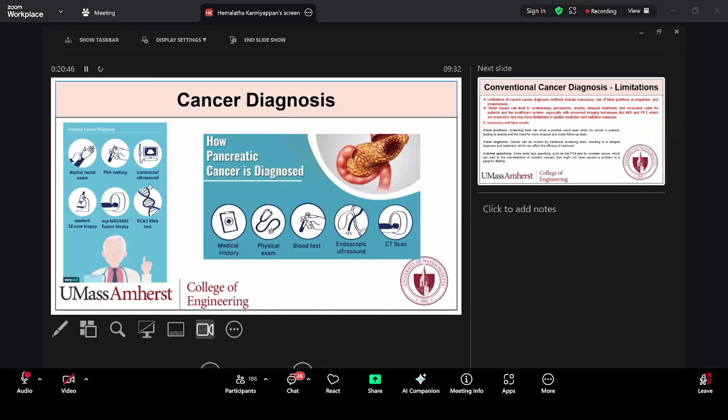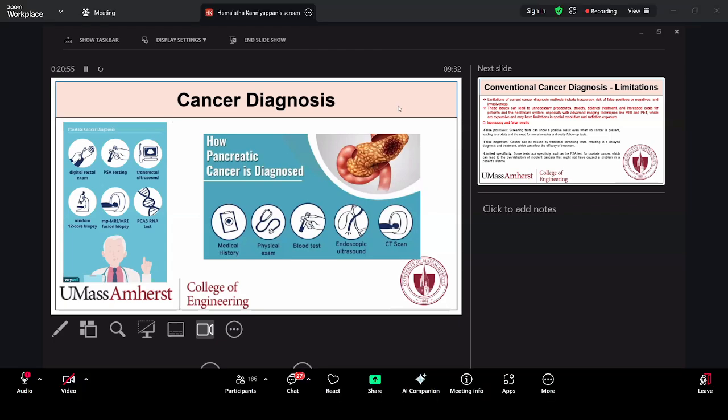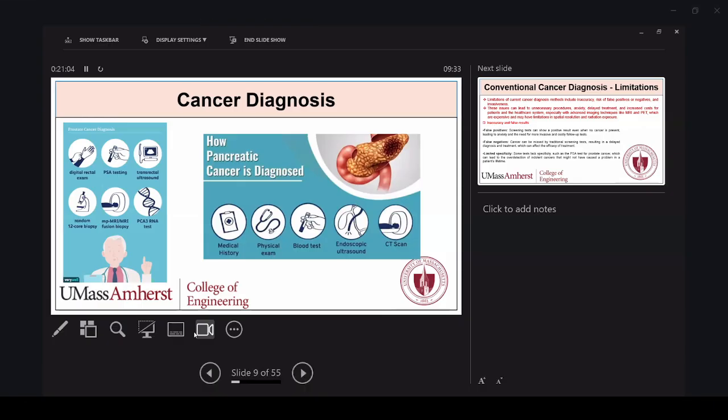Don't you think all these diagnostic methods are too pricey? And also, don't you think it takes a lot of time? By the time they detect or diagnose the cancer, the patient is at a huge risk, right? Yeah, non-curable at an aggressive stage. Exactly.